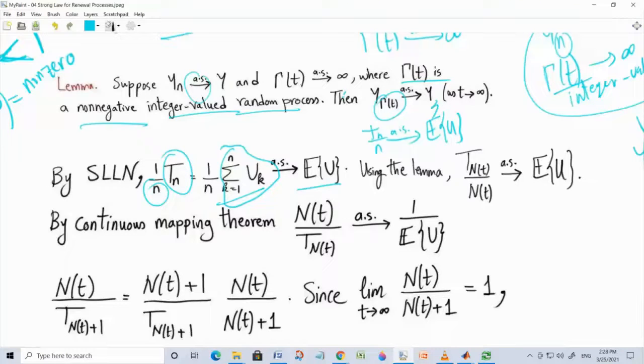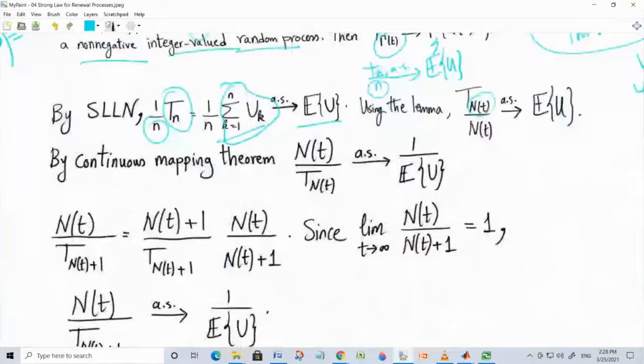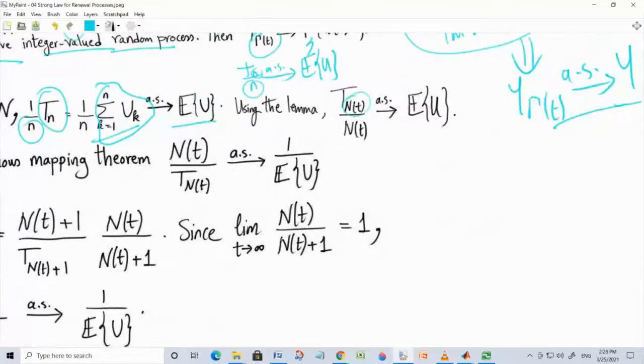Based on the lemma, we can replace this small n by big N of t. Why? Because big N of t also grows without bound. And by the continuous mapping theorem, you can take the reciprocal of both sides.